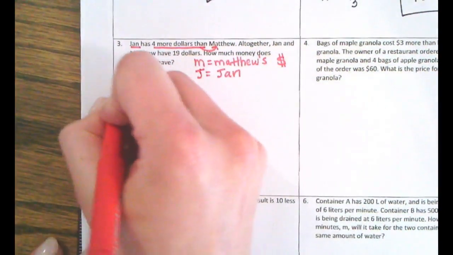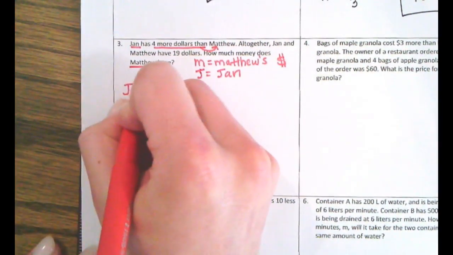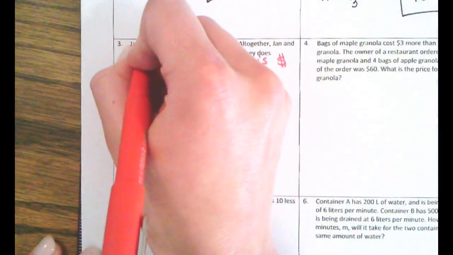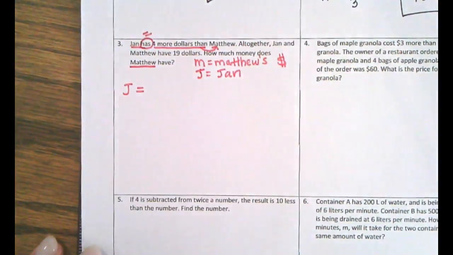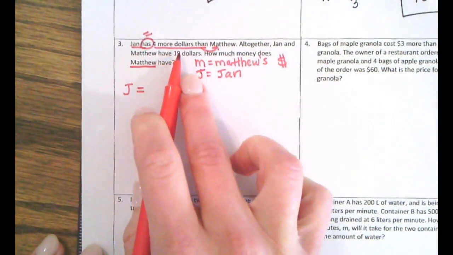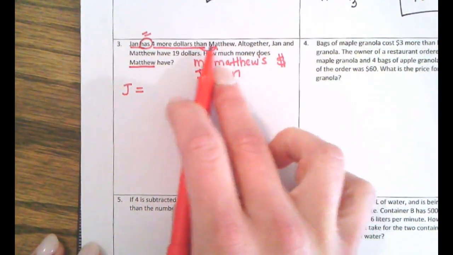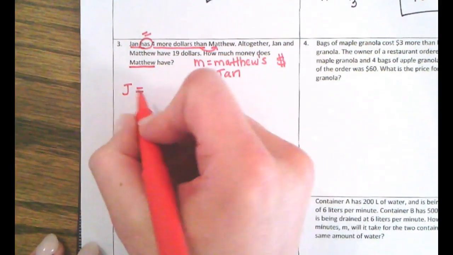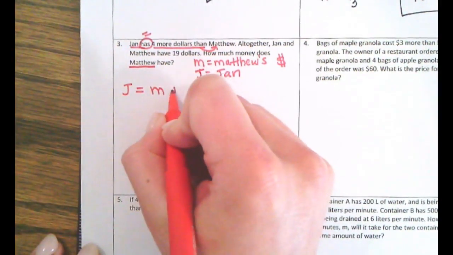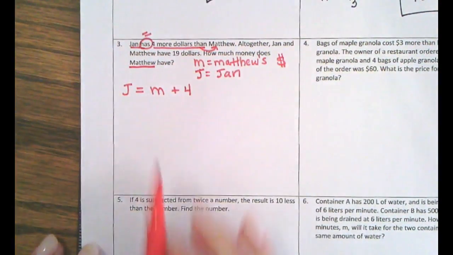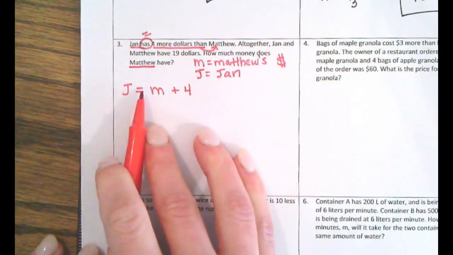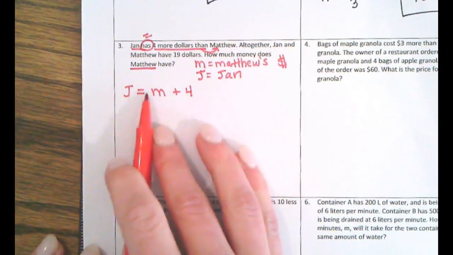So I'm going to put Jan right here. Jan has, which is the same thing as is, here's my equal sign, 4 more dollars than Matthew, and I set Matthew to be M. So M plus 4. This literally says Jan has 4 more dollars than Matthew.